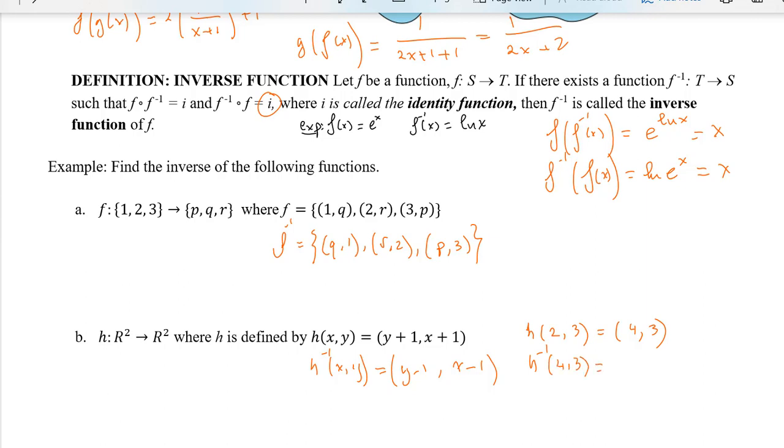Would that get me back to 2, 3? Let's see. If I take the y, which is 3, minus 1, and then as I said, x minus 1, which is 4 minus 1, that will give me 2, 3, which is the input that I started with. I hope this is helpful.